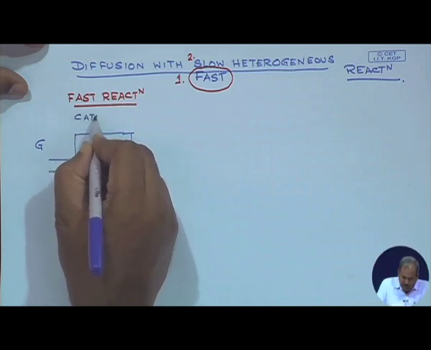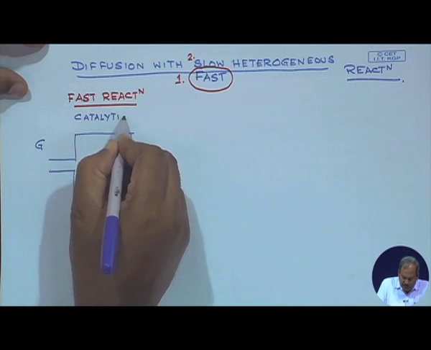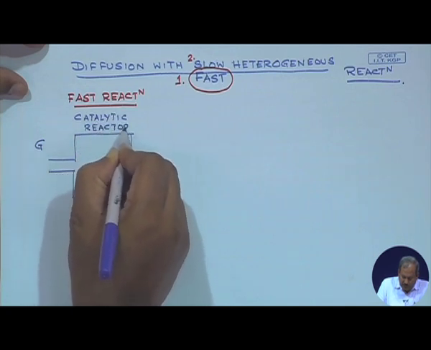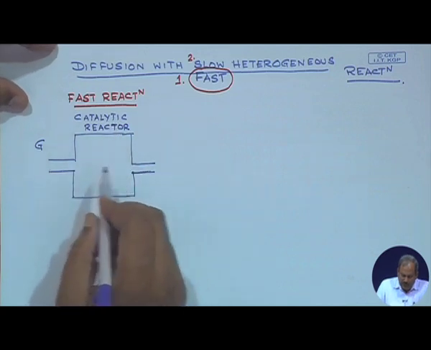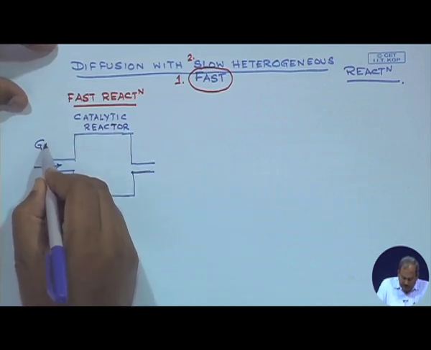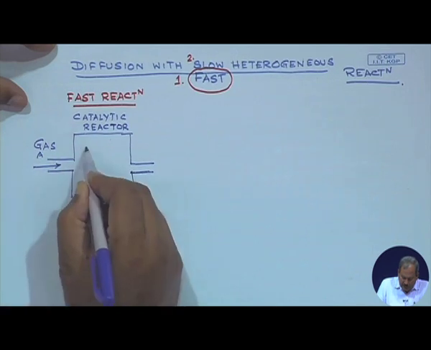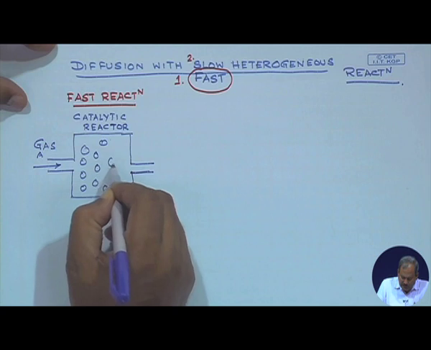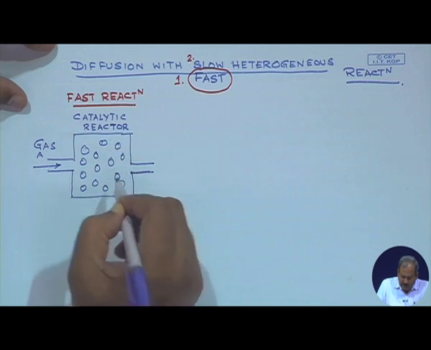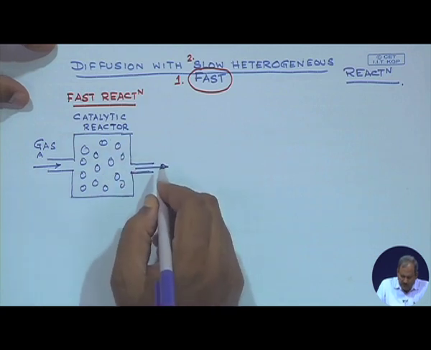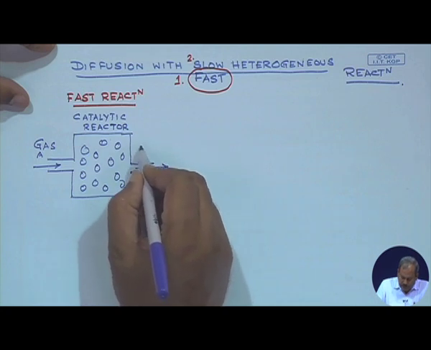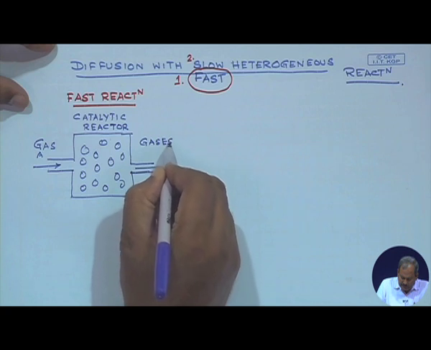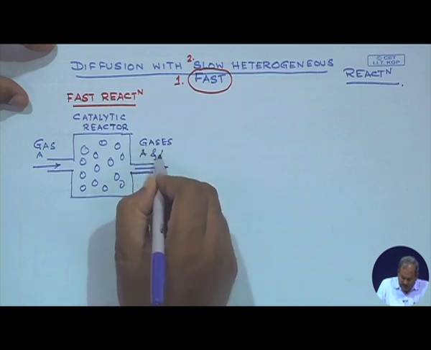An example could be a car where we have a gas A which comes in and there are catalyst particles distributed everywhere, where A gets converted to, let us say, A2, and what you get out are gases A and A2.